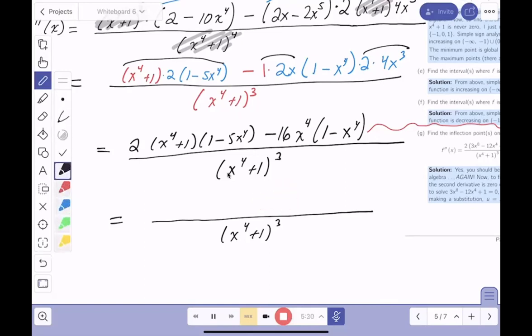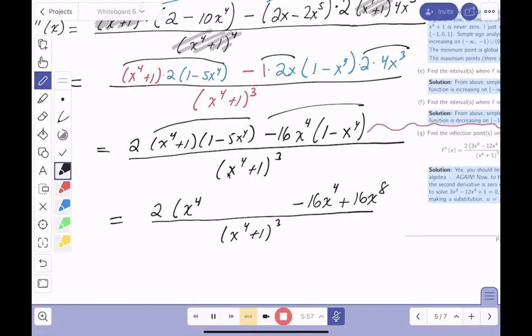I want to point out I'm doing this over here because I think I can handle it. Minus 16x⁴ plus 16x⁸. All right, this needs to be done too. Let me write that down. 2, that would be x⁴.